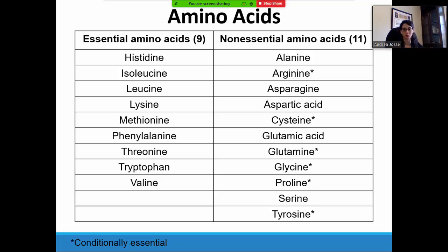A lot of amino acids are made in the liver. In fact, these non-essential ones are made in the liver from time to time. But we need to get these essential amino acids from our diet in order to have the full complement of amino acids to make all the proteins that our bodies require.